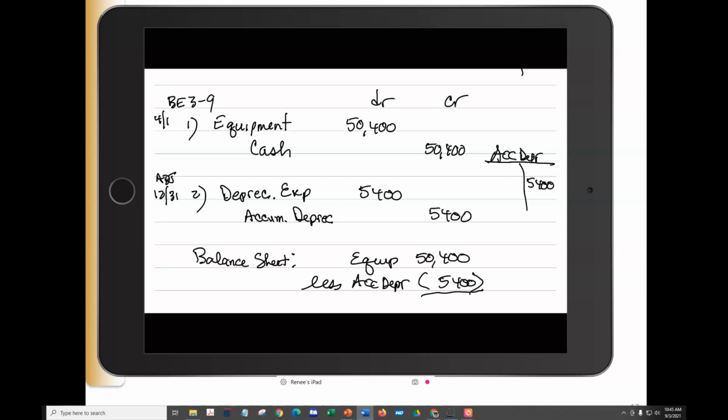The difference between those two numbers, the equipment and the accumulated depreciation, is called book value. The book value in this case is $45,000. Now that's not value, it's not valuation, it's simply the book value. In other words, we have $45,000 left that we can depreciate.